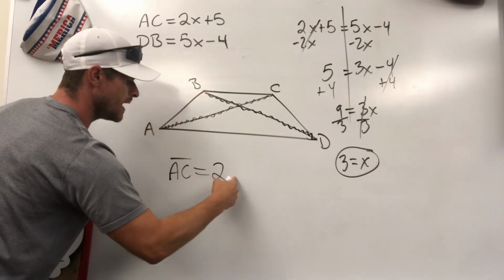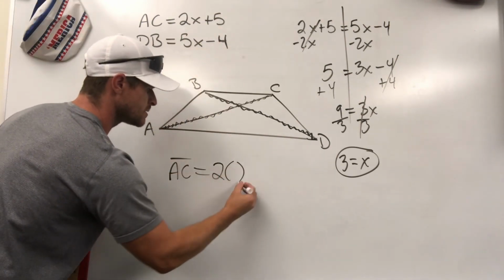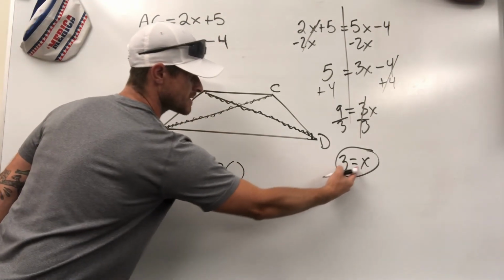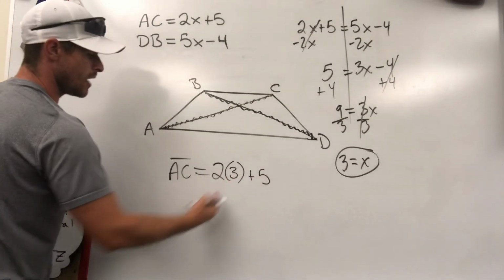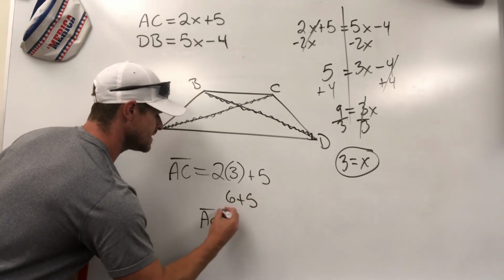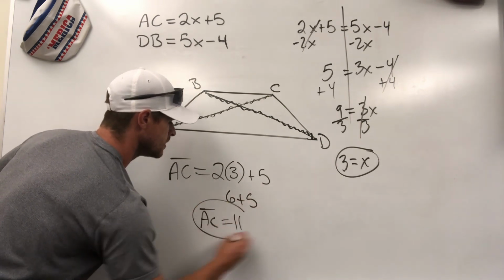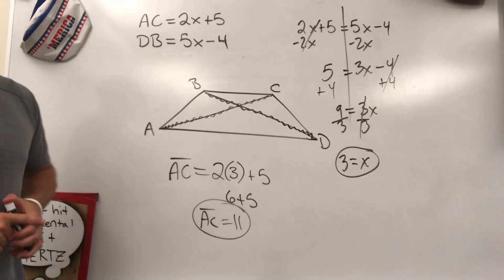So instead of 2x plus 5, I'm going to say 2 times 3 plus 5. Now I can get 6 plus 5 and say that AC is 11 units long. Hopefully this makes sense. Study hard and good luck on your upcoming test.